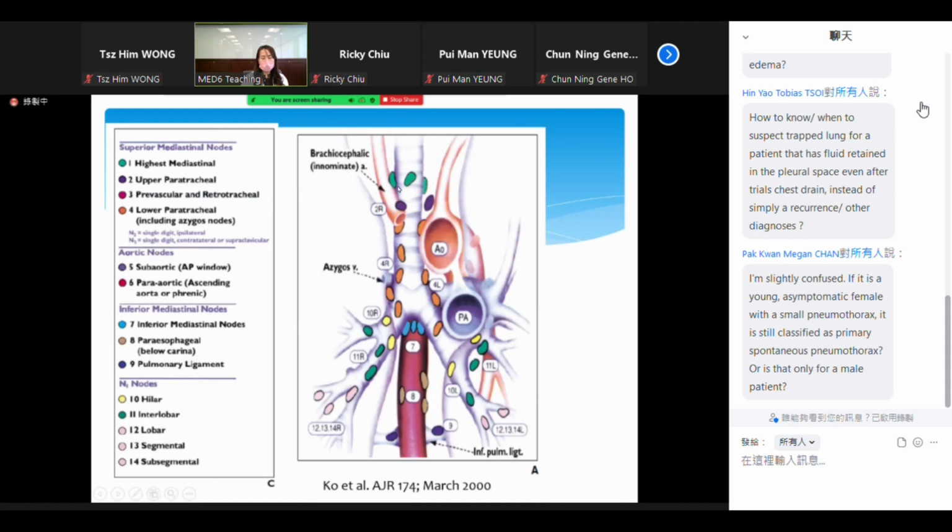So these are the lymph nodes that we can approach by EBUS. Usually they are around the trachea, under the carina, we call subcarinal, and the interlobar region. These are the lymph nodes that lung cancer usually metastasizes to. So we can approach these lymph nodes by EBUS.